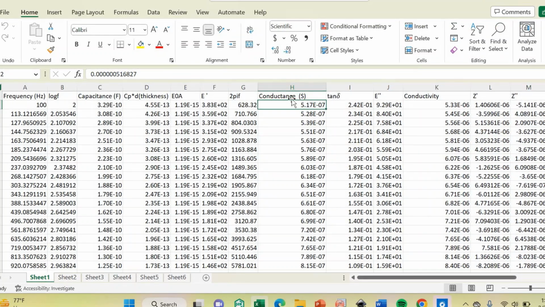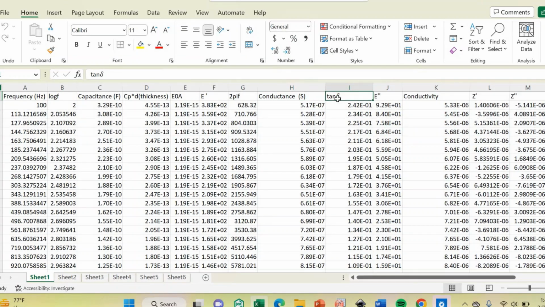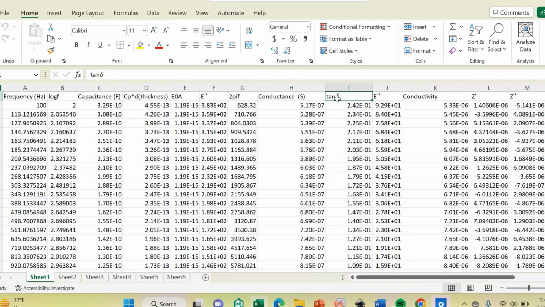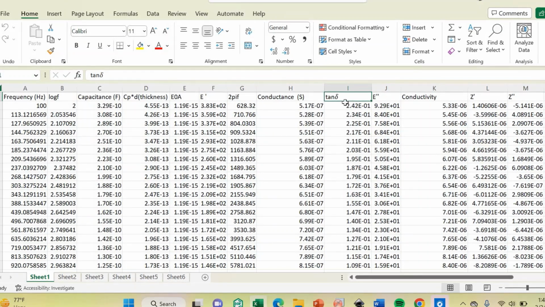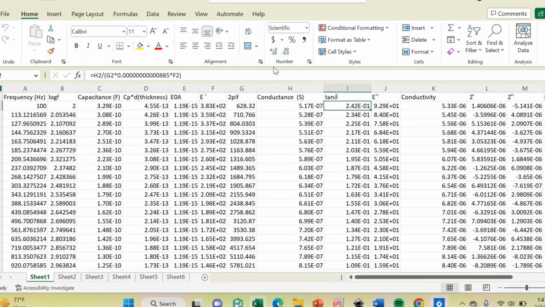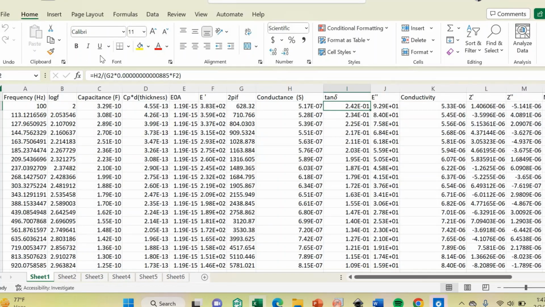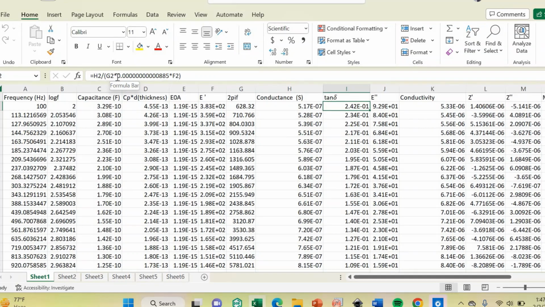Another parameter is tan delta. Tan delta indicates the dielectric properties of your sample. How to calculate tan delta? Here you can see the formula: equal S2, where S2 means conductance, divided by G2 into 8.85 into 10 to the power minus 12 into F2.